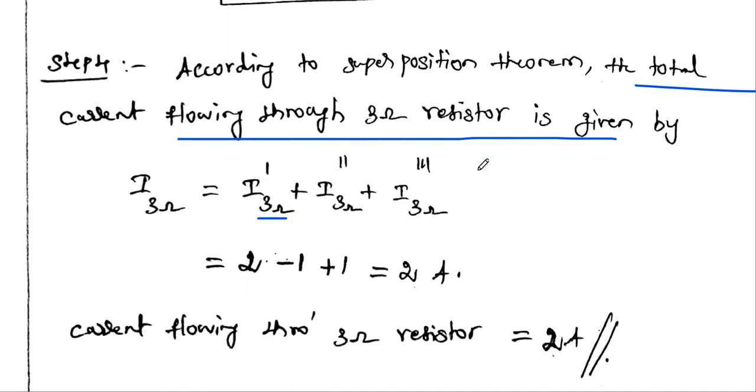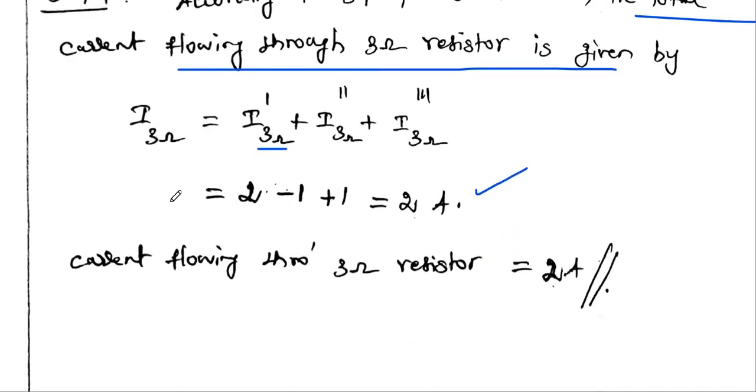This is the current flowing through the 3 ohm due to the 3 amp current source. We just add: 2 minus 1 plus 1. So we get 2 amps. So 2 amps is the total current flowing through the 3 ohm resistor because of the 2 voltage sources and 1 current source. This is the superposition theorem problem.